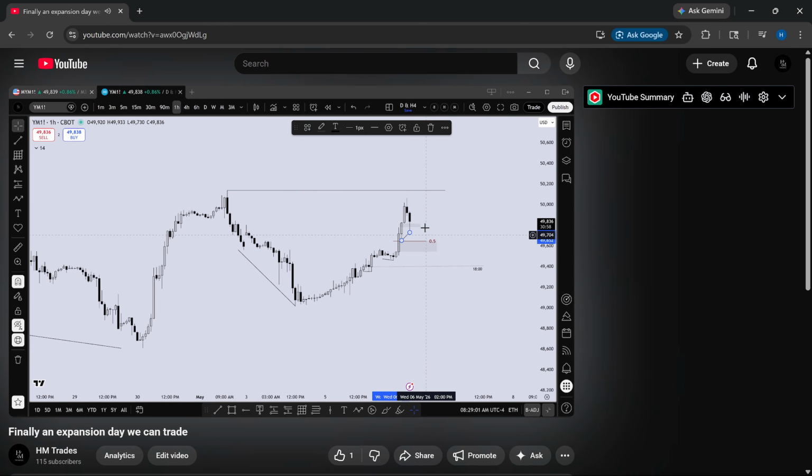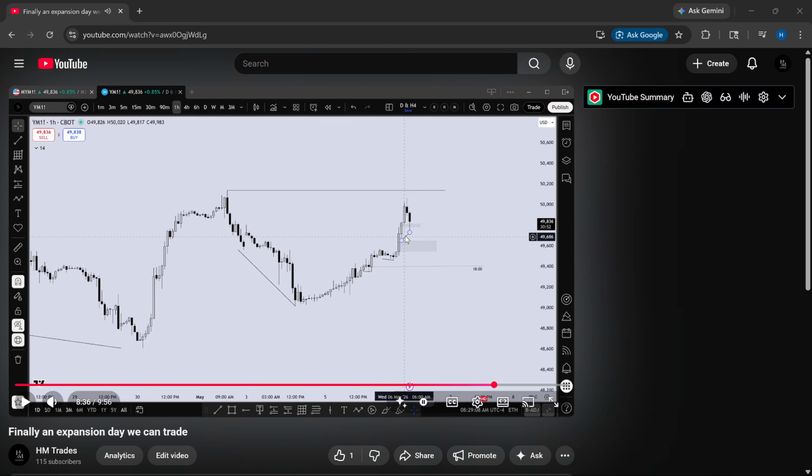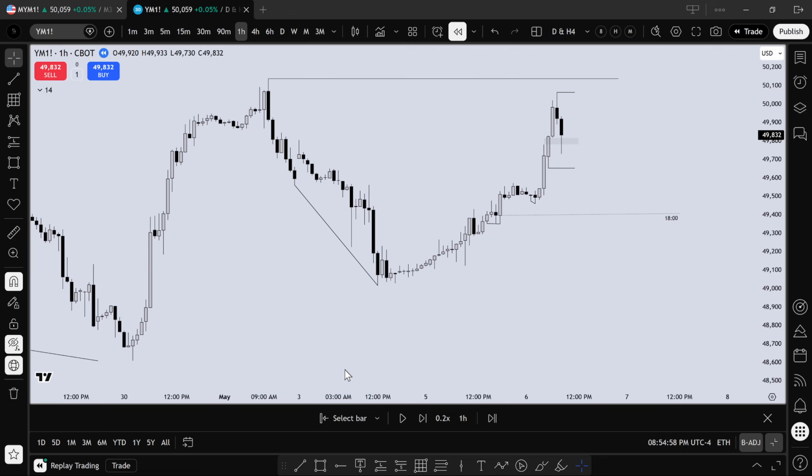So that is also possible for us to get this kind of SMT and then continue higher. But if we do not, so that is what I was looking for, the exact SMT, the exact reversal area that I was looking for to frame my trade. And now let's see what happened on the markets.